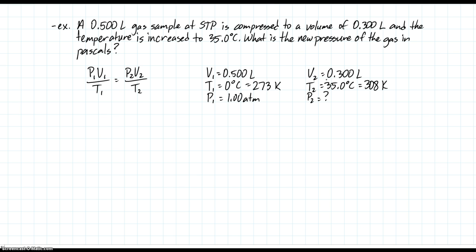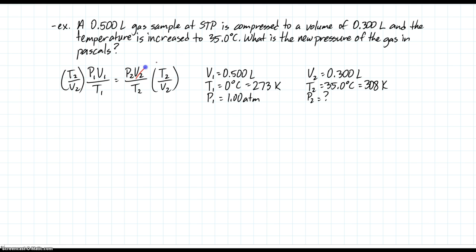And so if we look at the combined gas law, we're looking to find P2. One way to go about this is to solve for P2 algebraically first. So we can multiply by T2, divide by V2 on both sides.